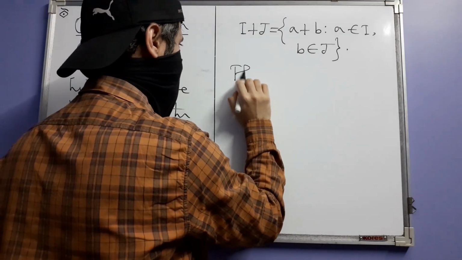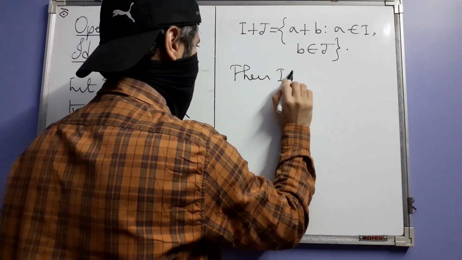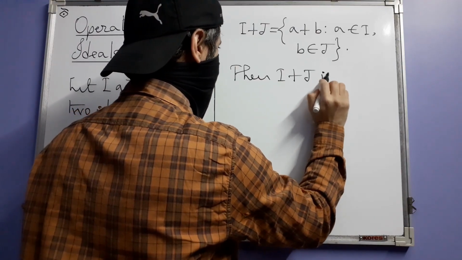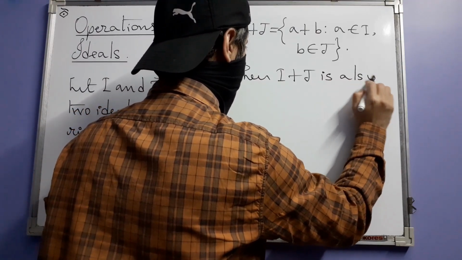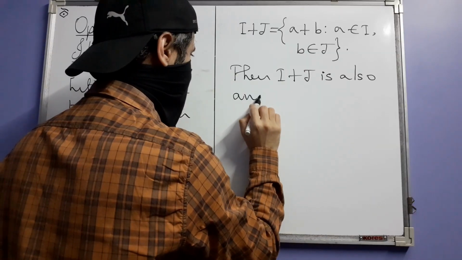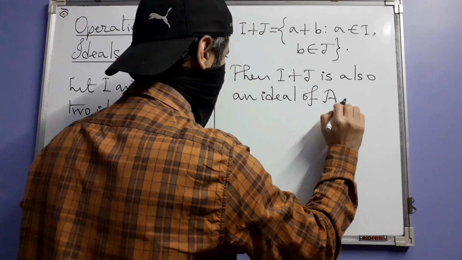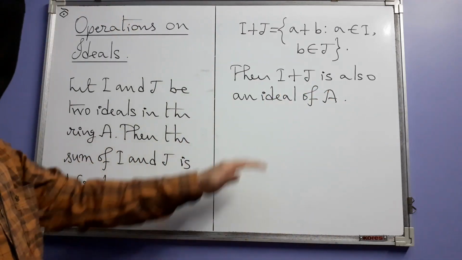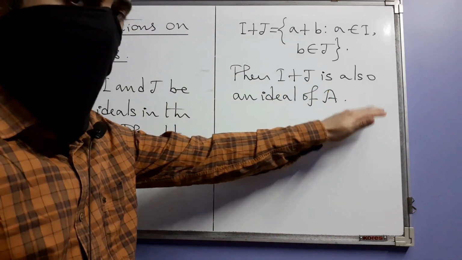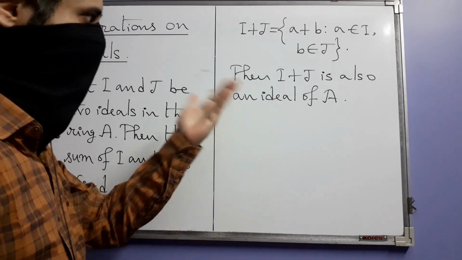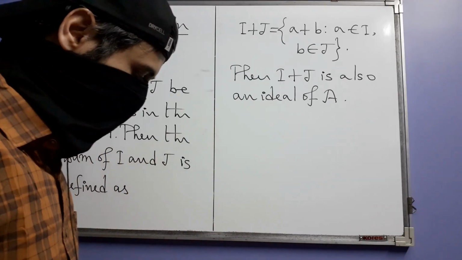Then I plus J is also an ideal of A. And in fact, we have already seen this, we have proved this fact in Herstein's Topics in Algebra.